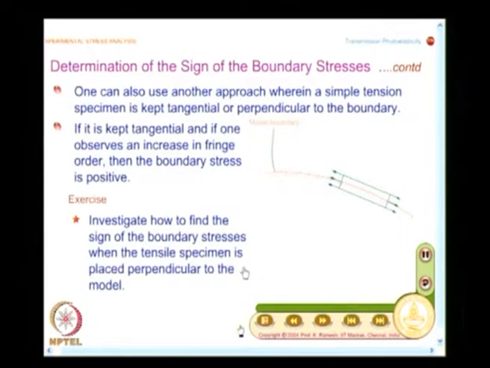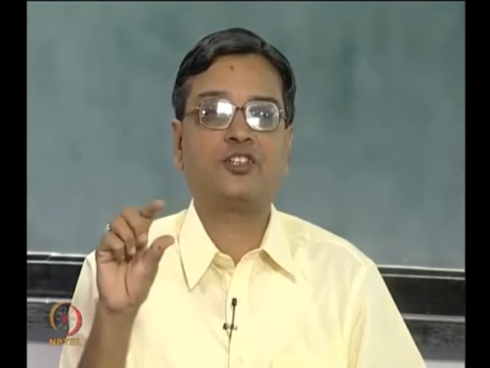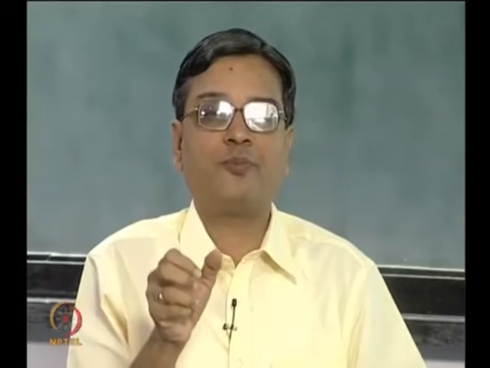So, what we have seen is, we can find out the sign of the boundary stresses either by using a nail test or by a sharp edge, or even by having a simple tension member kept in front of the model. And in fact, if you use stress freezing, you can also stress freeze the tension specimen and keep it ready and just keep it tangential to the boundary or perpendicular to the boundary, and you do not even have to pull it.